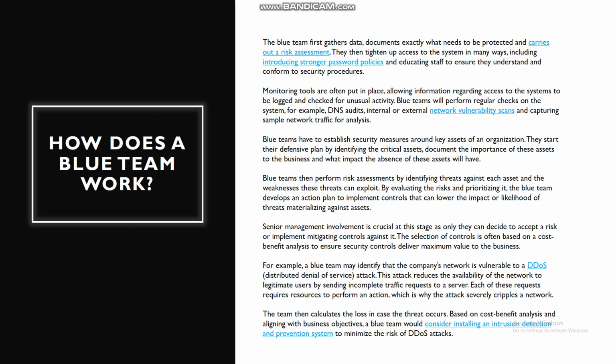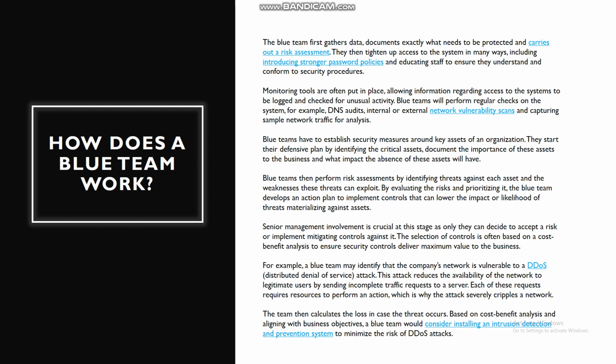Each of these requests requires resources to perform an action, which is why the attack severely cripples a network. The team then calculates the loss in case the threat occurs, based on cost benefit analysis and aligning with business objectives. Blue team would consider installing a detection and prevention system to minimize the risk of a DDoS attack.